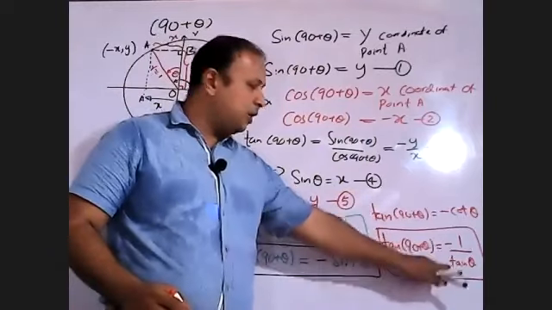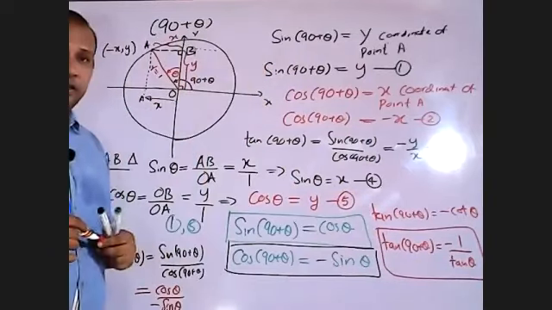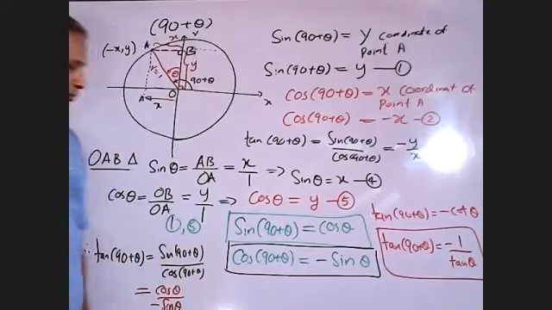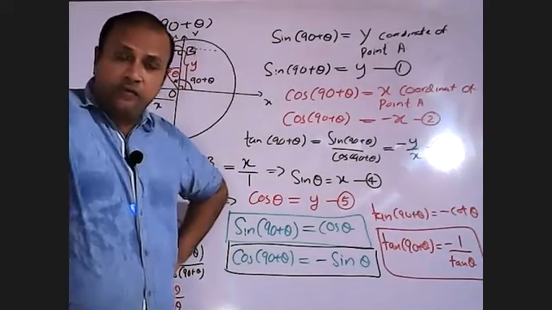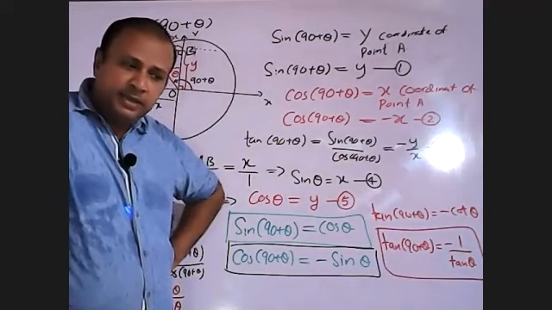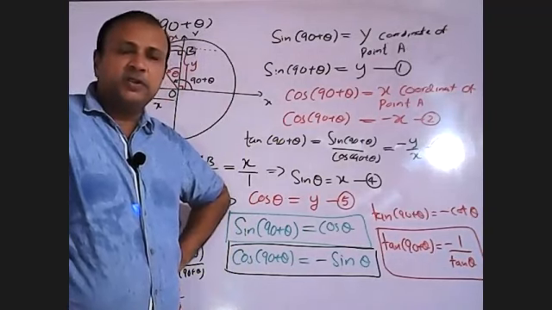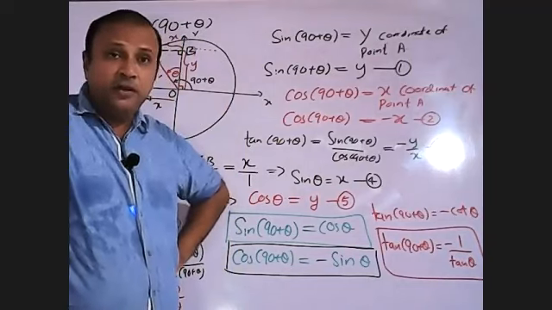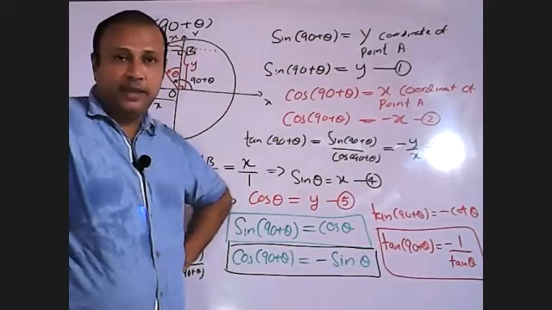Cot theta means the reciprocal of tan theta. This is the way of deriving the relationship between trigonometric ratios of any angle and the trigonometric ratios of the particular acute angle.